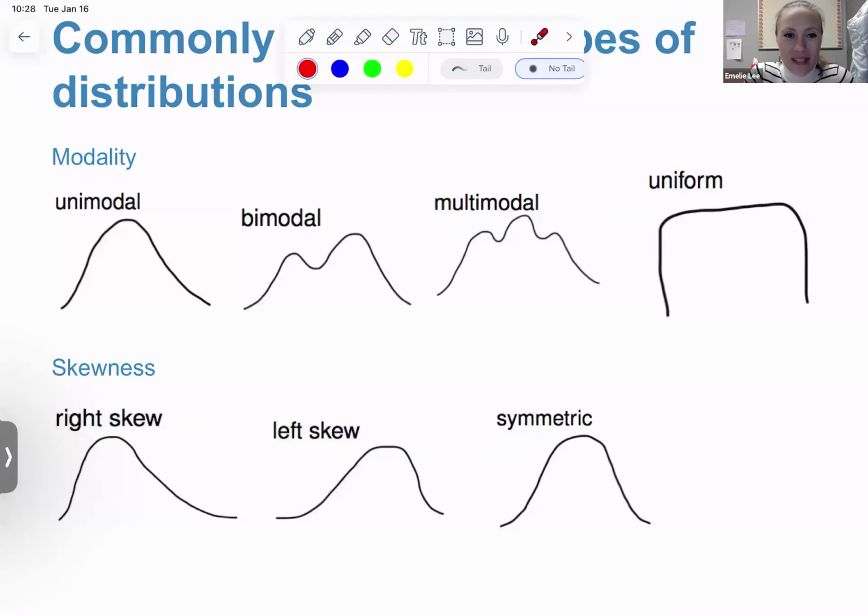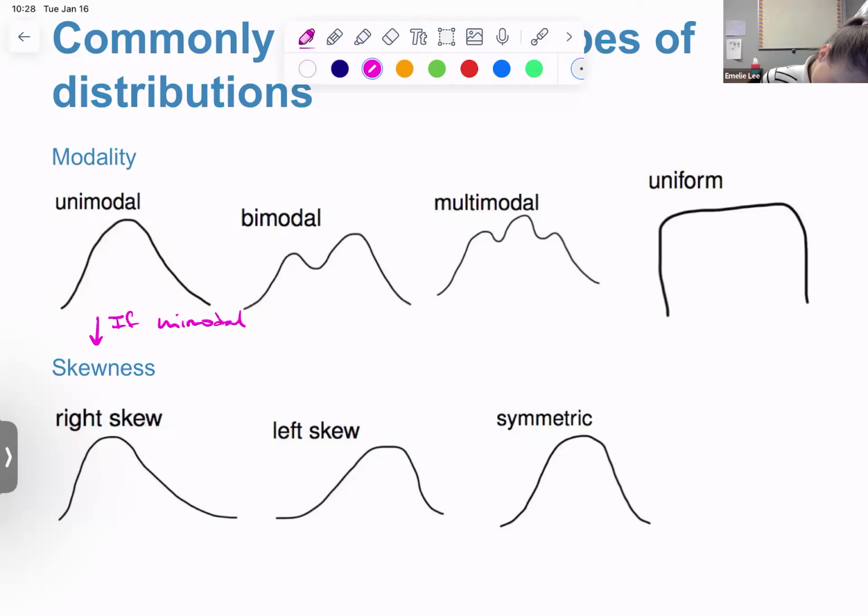So some common shapes that we have: unimodal, bimodal, multimodal, uniform. Kind of a weird wonky looking uniform, but that's okay, which we've already talked about. But just to emphasize that if unimodal, we can discuss skew.